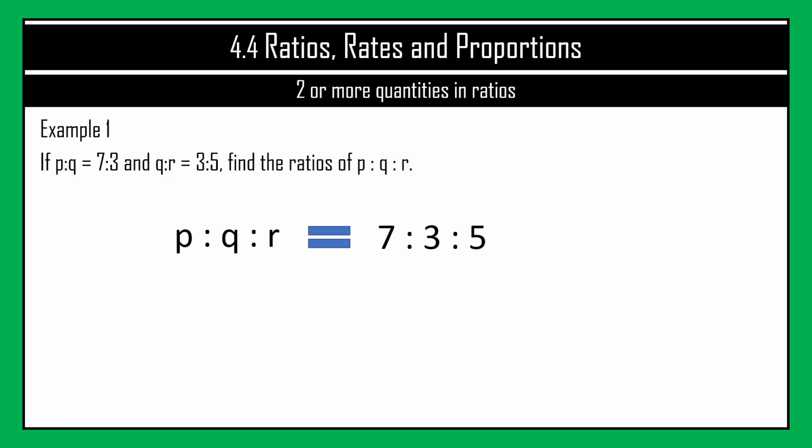So you get the ratio of P to Q to R equals 7 to 3 to 5. So this is a simple example to find the ratio of 3 quantities. Now let's see if we have a different ratio.